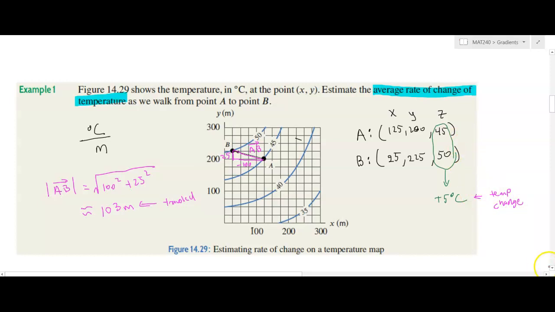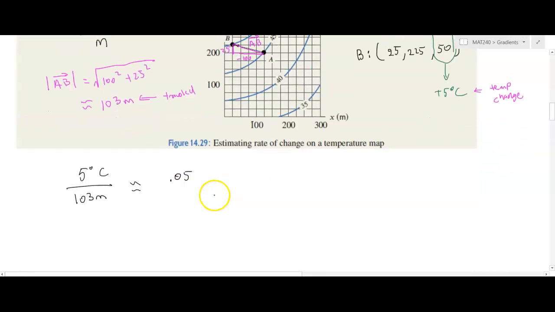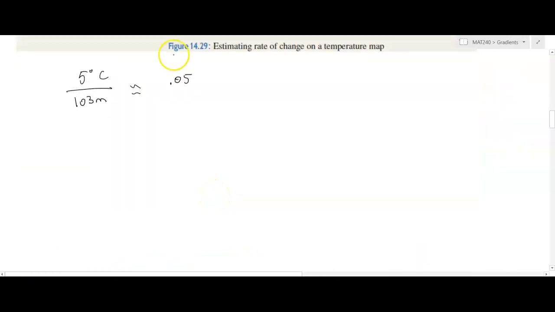So as we begin putting this together, we could say in a very basic format that the change in temperature per change in meters would be positive 5 degrees Celsius divided by 103 meters, which comes out to about 0.05 degrees Celsius per 1 meter.